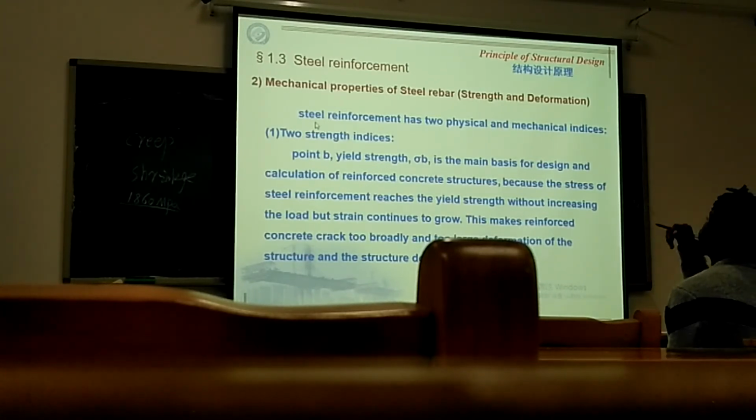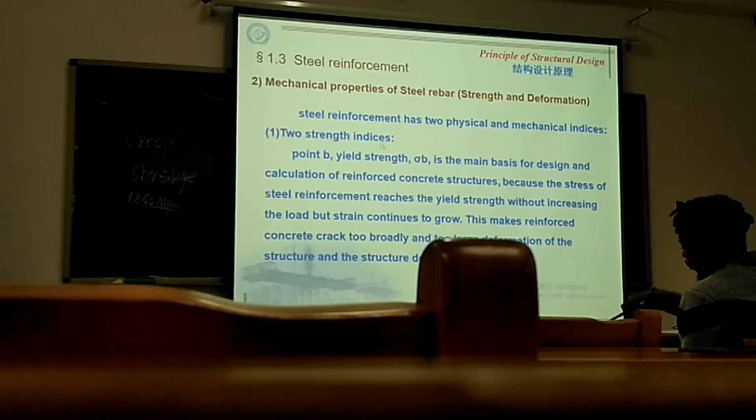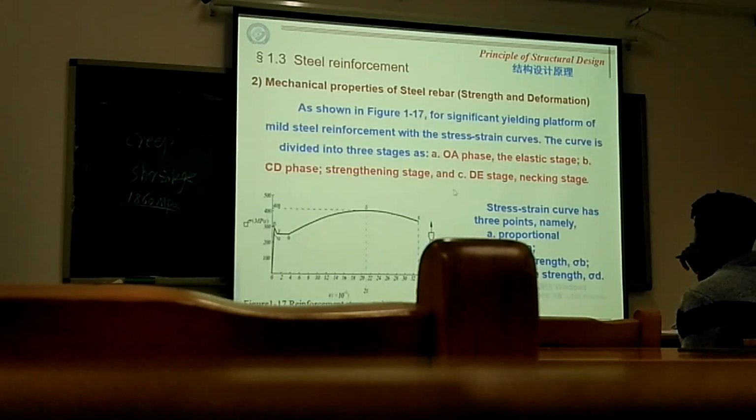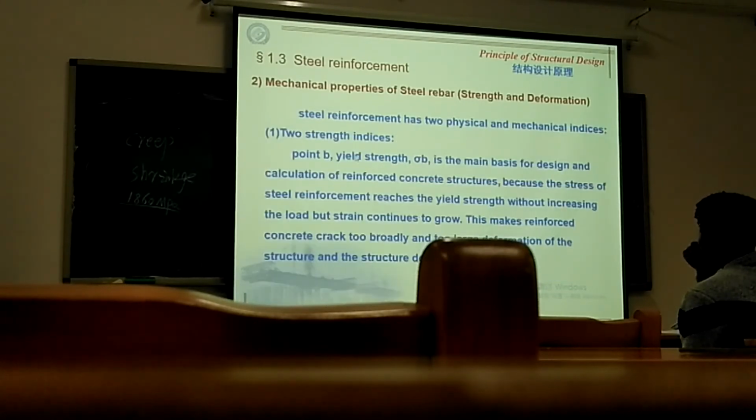And also, like in the concrete, the steel will have 2 physical and mechanical things. First one, the strength indices. For B, yield strength. Sigma B is the main basis for design and calculation of the reinforced concrete structure.